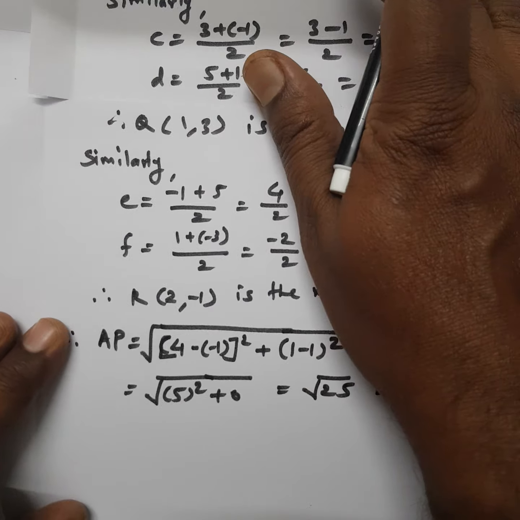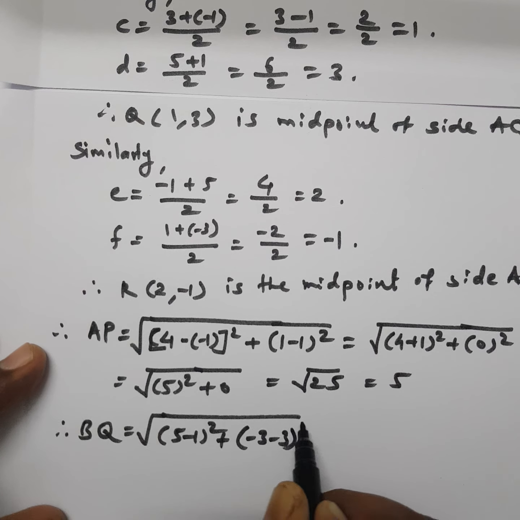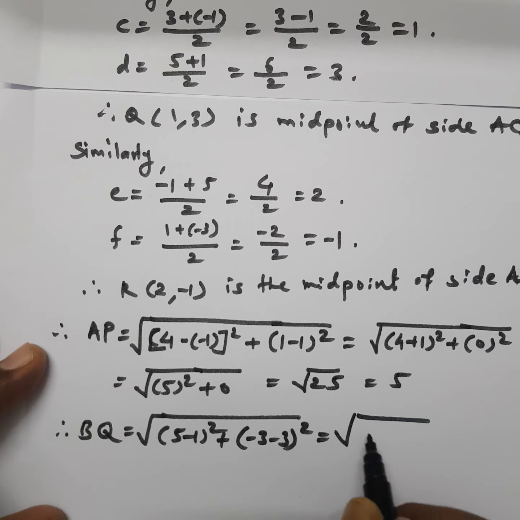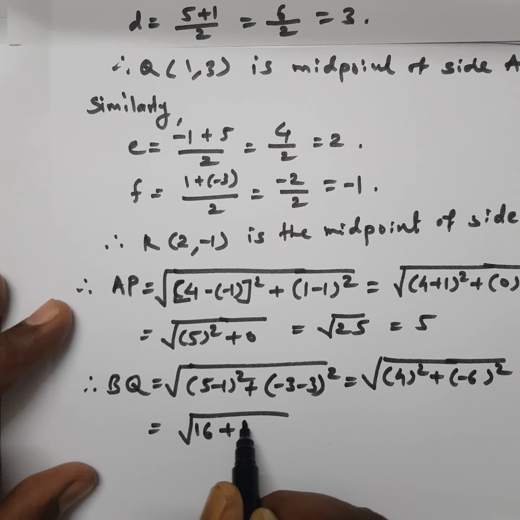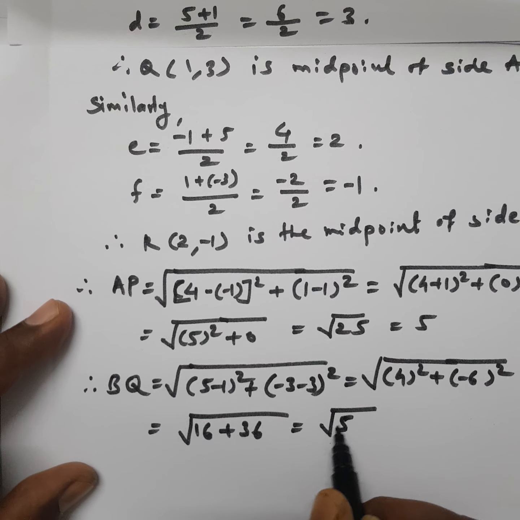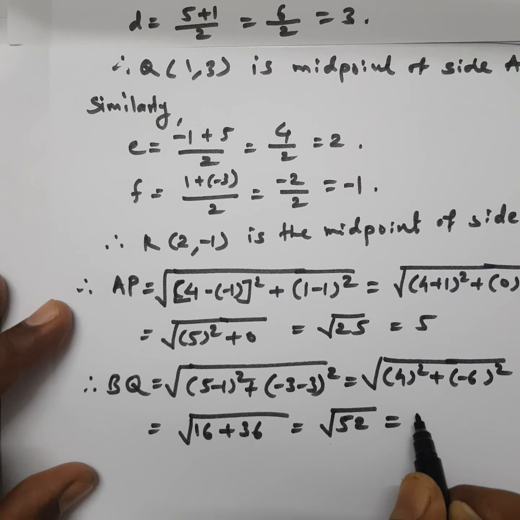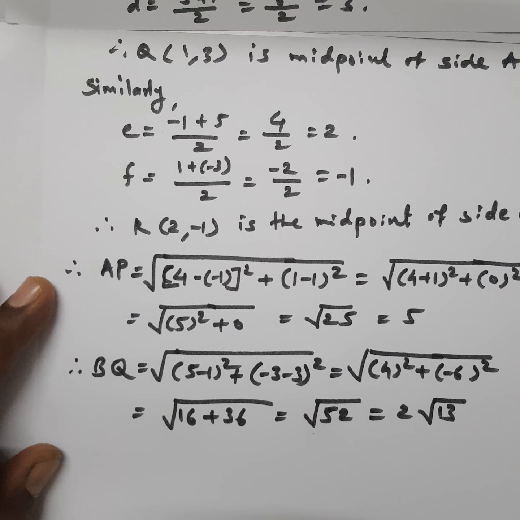Therefore, BQ is equal to (5 minus 1) square plus (-1 minus 3) square, is equal to 4 square plus (-4) square... is equal to 16 plus 36, is equal to root 52, means 2 root 13. This is the length of the second median.